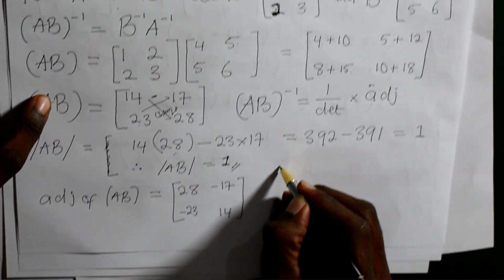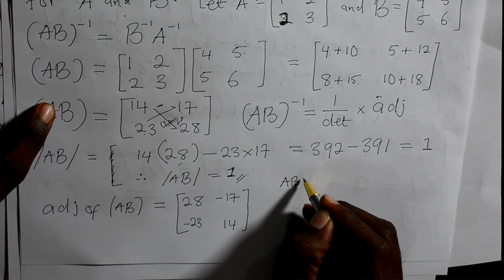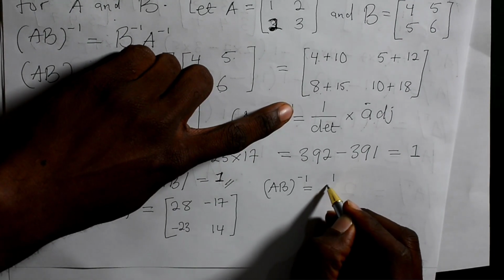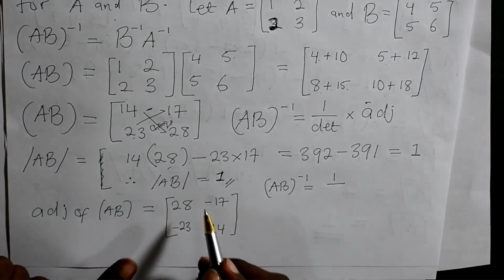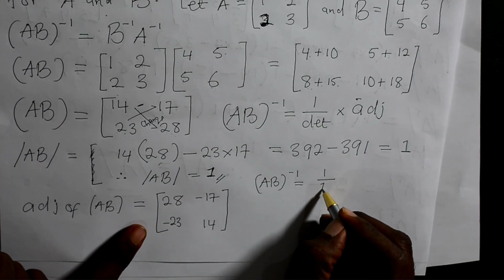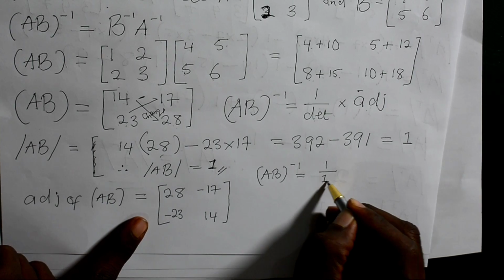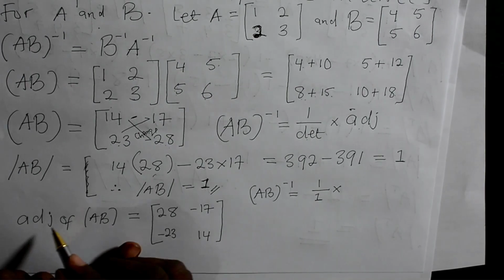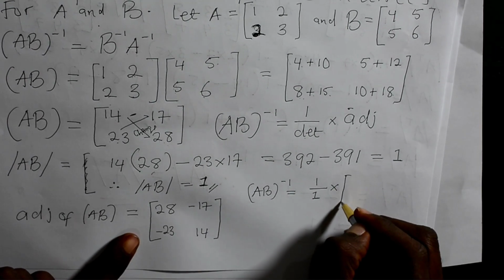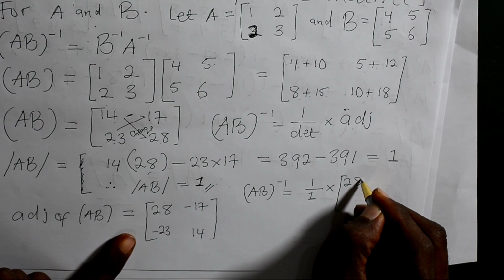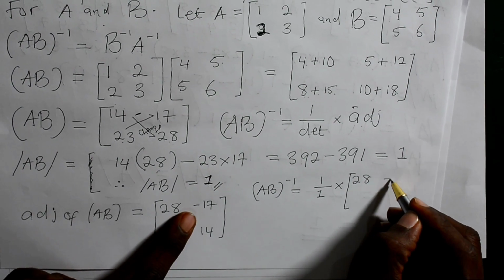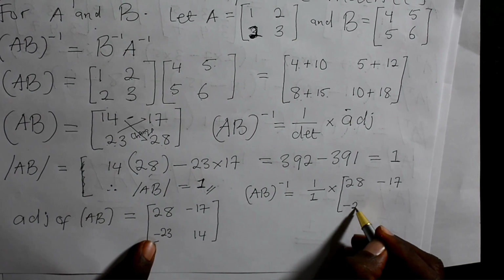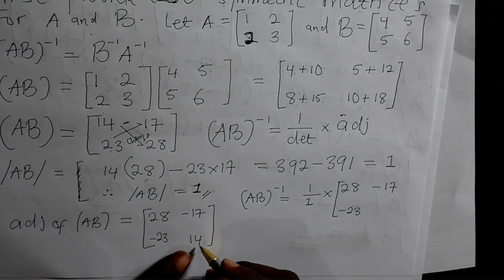Now we are looking for AB inverse. Let's substitute the values in the formula. This will be 1 all over the determinant, which is 1 as we found. 1 over 1, then times the adjoint. The adjoint matrix is a matrix of 28, minus 17, then minus 23 and 14.